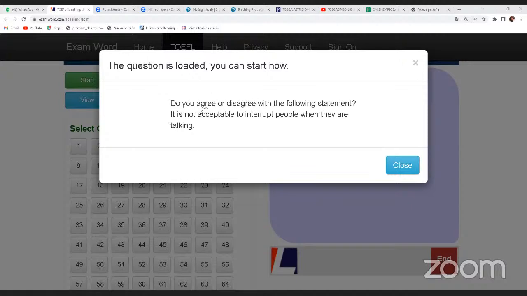I agree. Okay. Once I choose my position, I'm gonna think why, right? Do you agree or disagree with the following statement? I disagree, right? So this is my position.